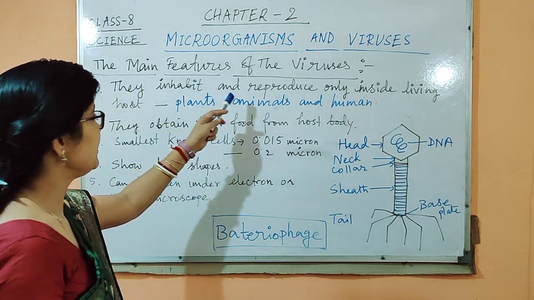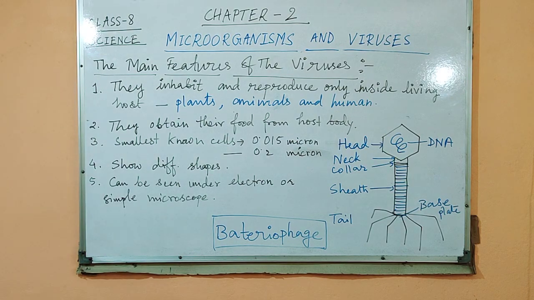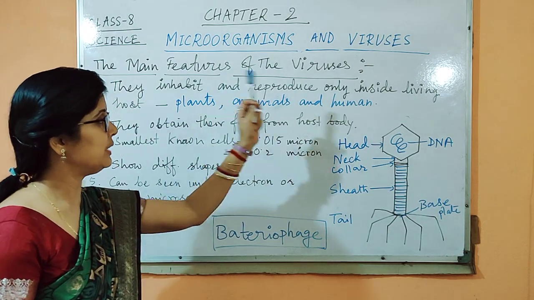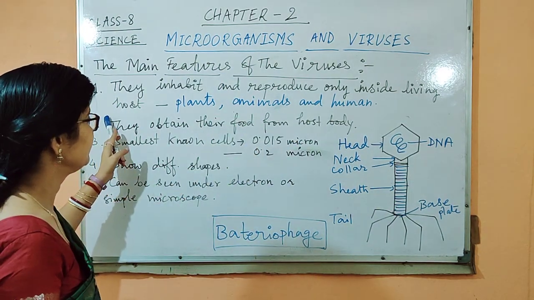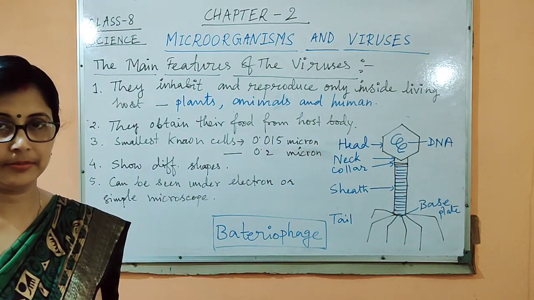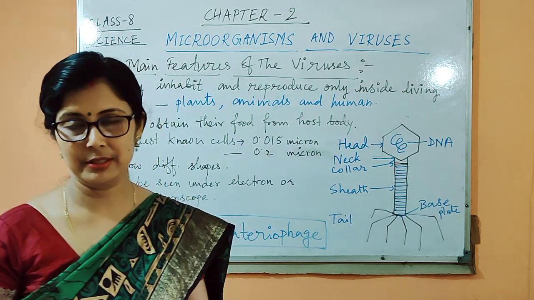Now, what are the main features of the viruses? Please note down the main features. Point number 1, they inhabit and reproduce only inside the living host body. Plants, animals and humans are the living hosts for them. Outside the living host, they are non-living material.